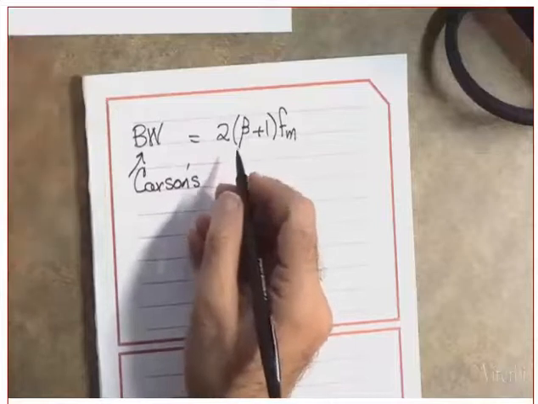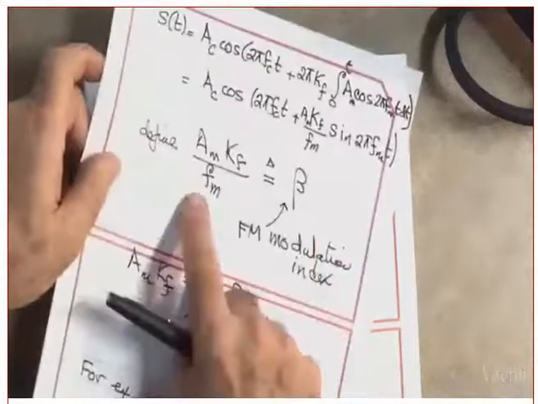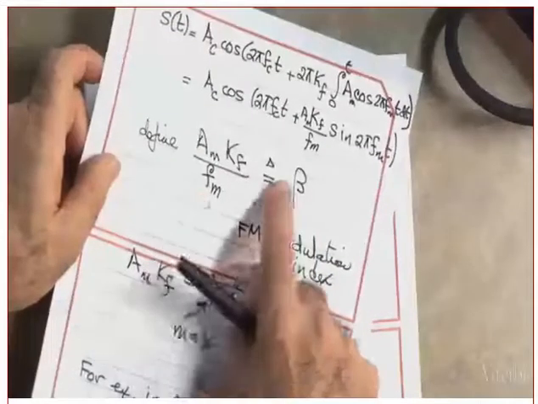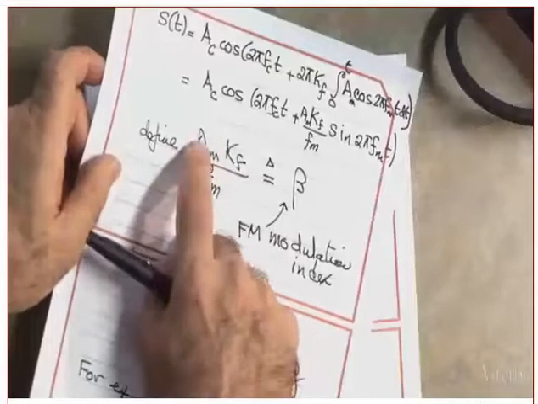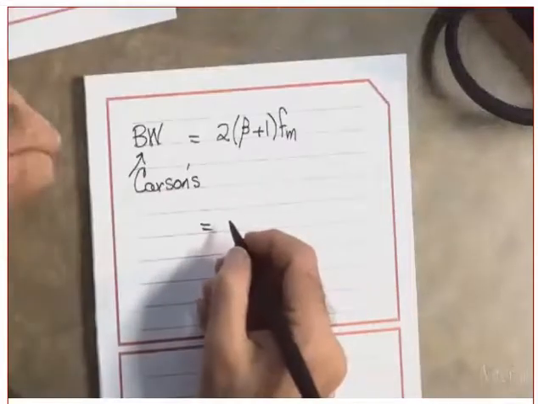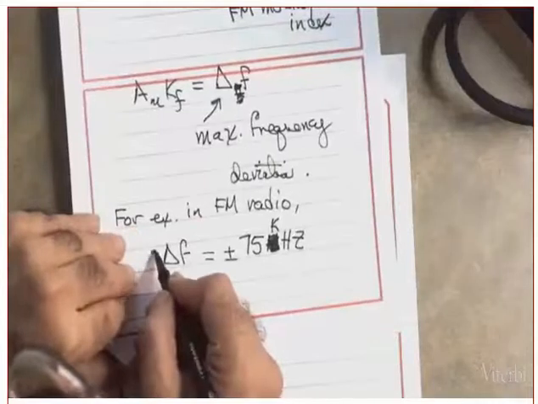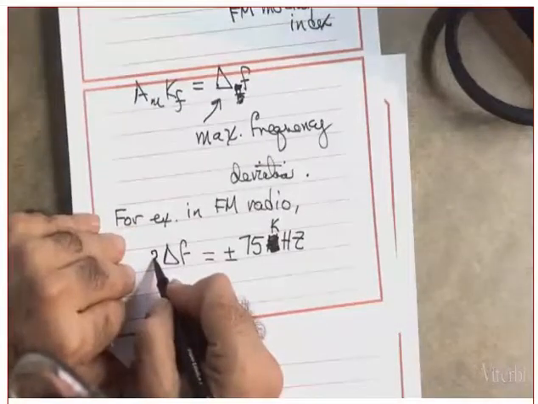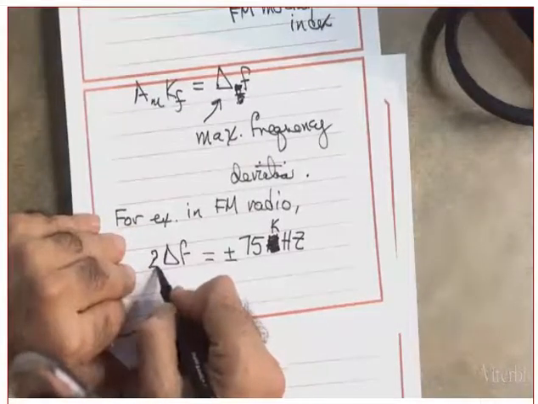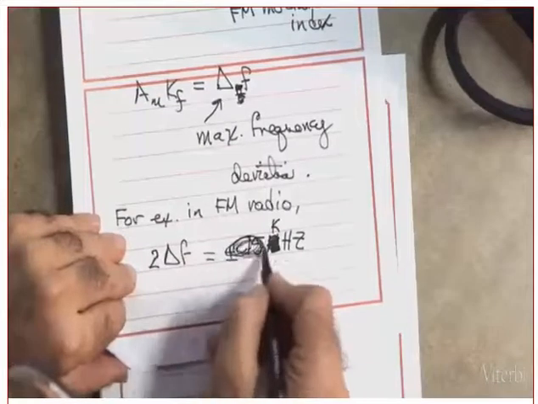What is beta times F_m? Beta times F_m is what? Delta F. Yes? You do understand the delta F. 2 delta F equals what?